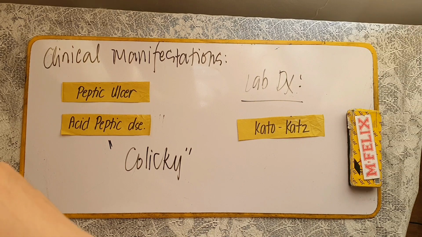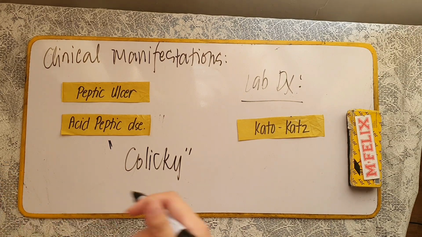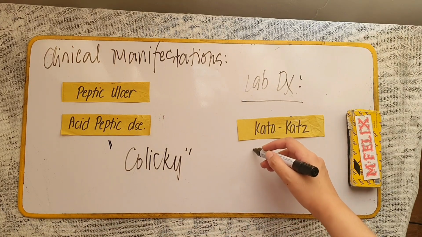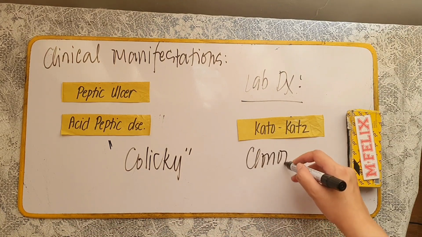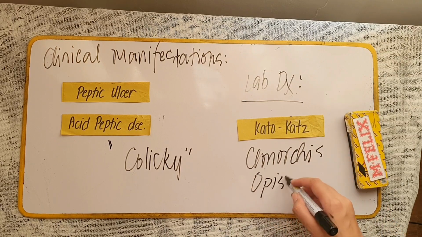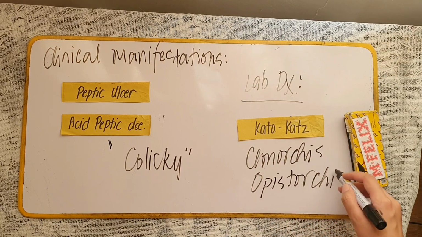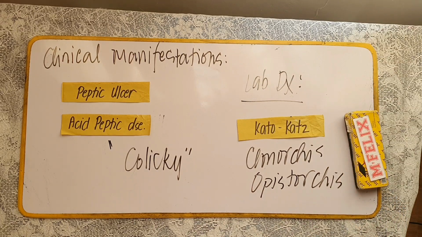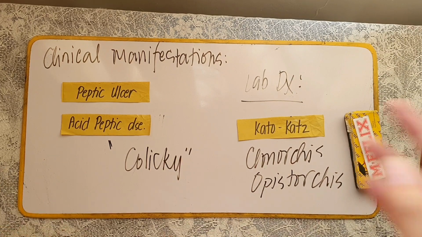However, care must be taken to distinguish them from Clonorchis and Opisthorchis eggs, halos kamukha niya lang kasi. And then, ganun din for treatment, praziquantel pa din. And then for prevention and control, thorough cooking of the intermediate host of this parasite.